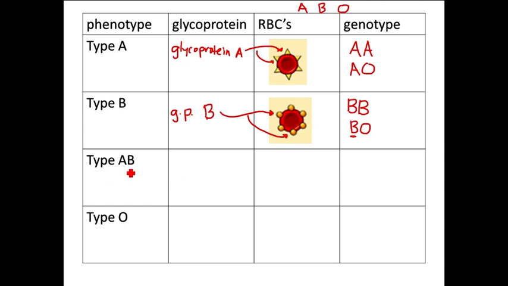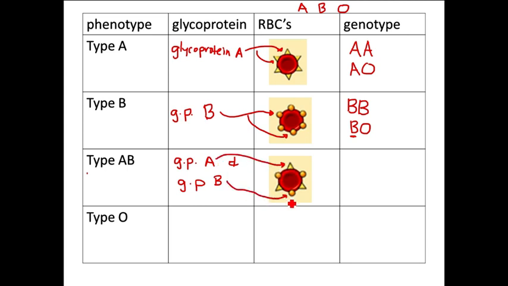Now let's think about this one. So someone who is type AB, that means that they are making both glycoprotein A and glycoprotein B. And their red blood cells would show a combination of those, right? So there's glycoprotein A and there is glycoprotein B. So the red blood cells would have both versions on them.